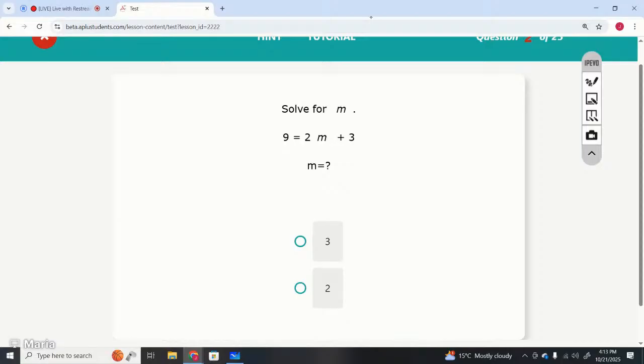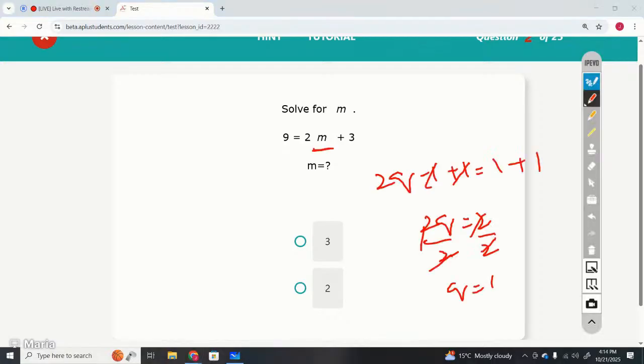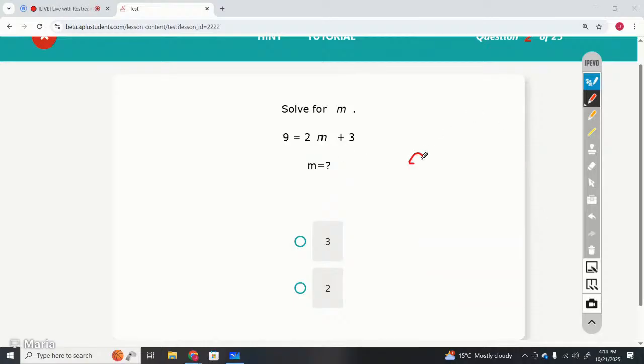Solve for m. 9 equals 2m plus 3. First step is subtract 3 both sides. That is 2m equals 6.